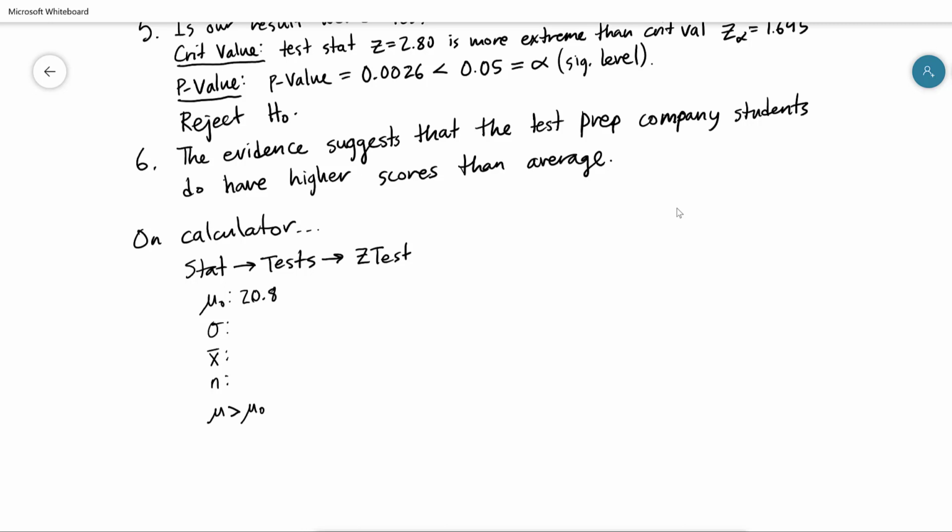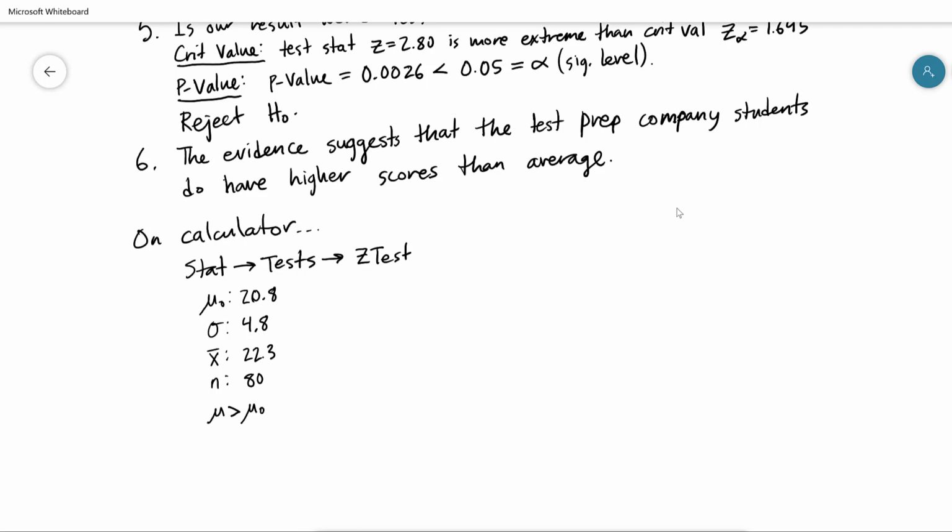Sigma was 4.8. X bar was 22.3, and n was 80. Let me enter all of those numbers in, and skip the thing where it asks about the color and hit calculate. We don't want it to draw, we want it to calculate.